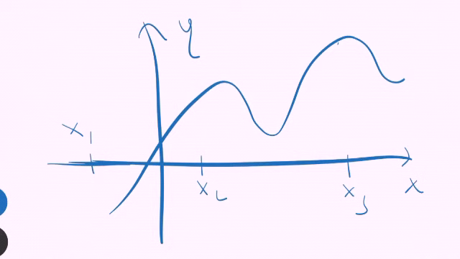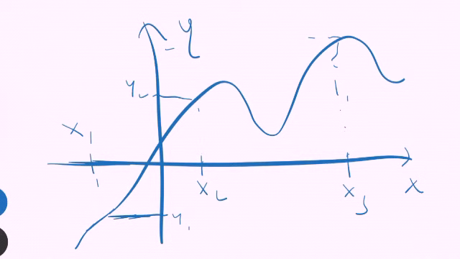Corresponding to x3 we get y3, corresponding to x1 let this be y1, and this be y2.